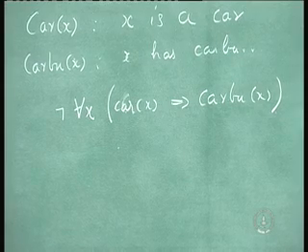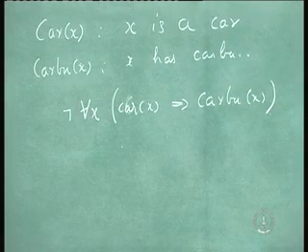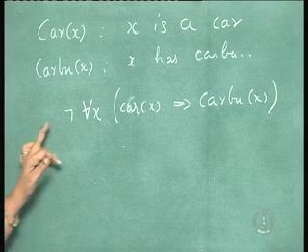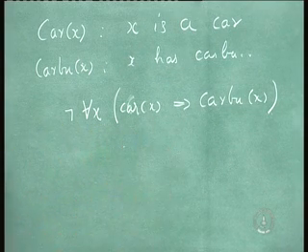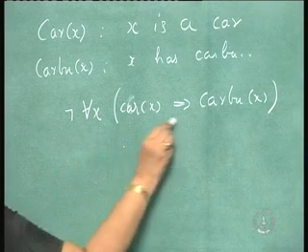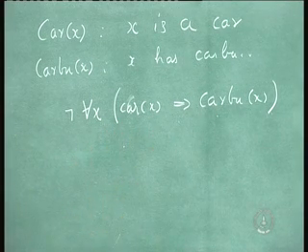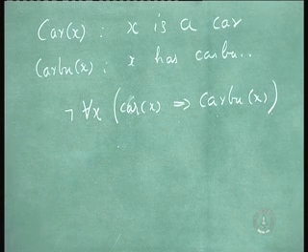This is the way you write using a universal quantifier. Not all cars have carburetors: not for all of x, car of x implies carburetor of x, or x is a car implies x has a carburetor. Now, you have written this using universal quantifier only and not existential quantifier.